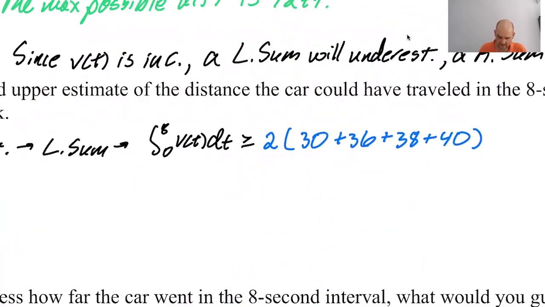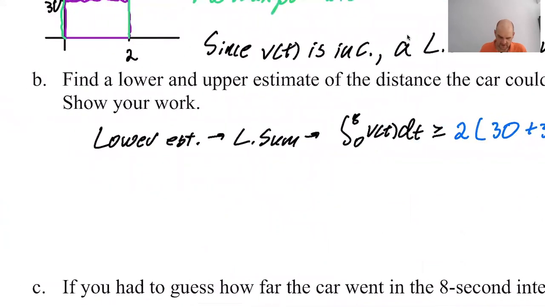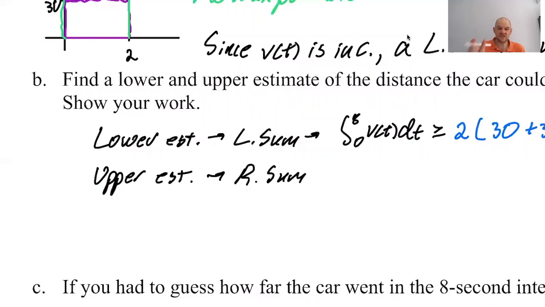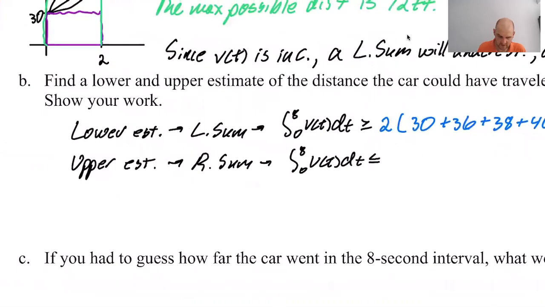And then should we work that out? I'll use a calculator in a minute. And then the upper estimate is going to be the right Riemann sum, because the function's increasing, which means on each subinterval, the biggest the function will ever be is at the right endpoint. So if I'm using a right sum, I'm getting the biggest possible estimate that I could get. So the integral from 0 to 8 of v of t dt is definitely less than or equal to, and let's go to the table again.